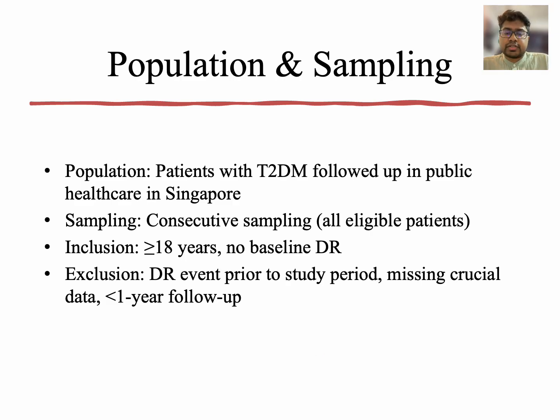For the population and sampling, the study population focuses on type 2 diabetic patients who are followed up in the public healthcare settings in Singapore, and the sampling approach is consecutive sampling, meaning we include all patients who meet the eligibility criteria within the study period. This helps reduce selection bias because we are not selecting a small subset. We are taking everyone who qualifies.